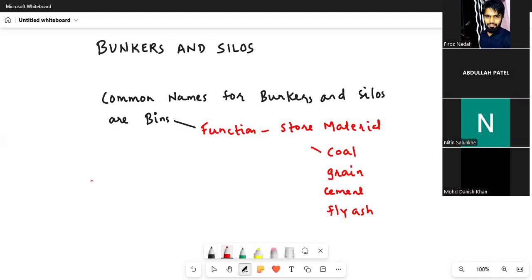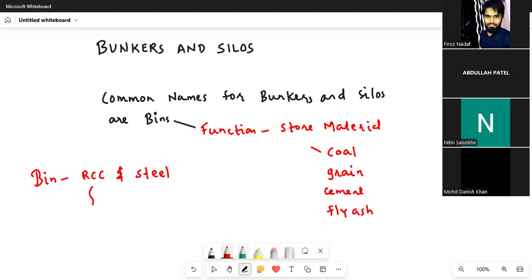And the bins, that is bunkers and silos, could be of RCC or of steel. In our syllabus, we will study the design of RCC bunkers and silos, because steel design is not there in our syllabus, RCC design is there.